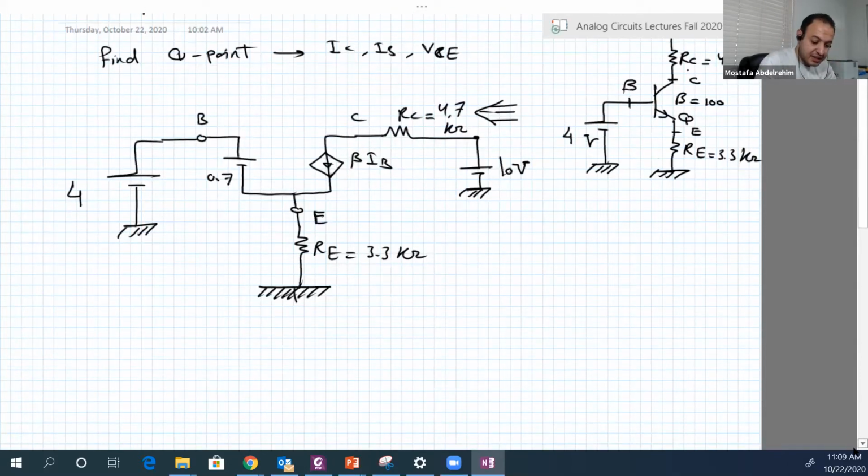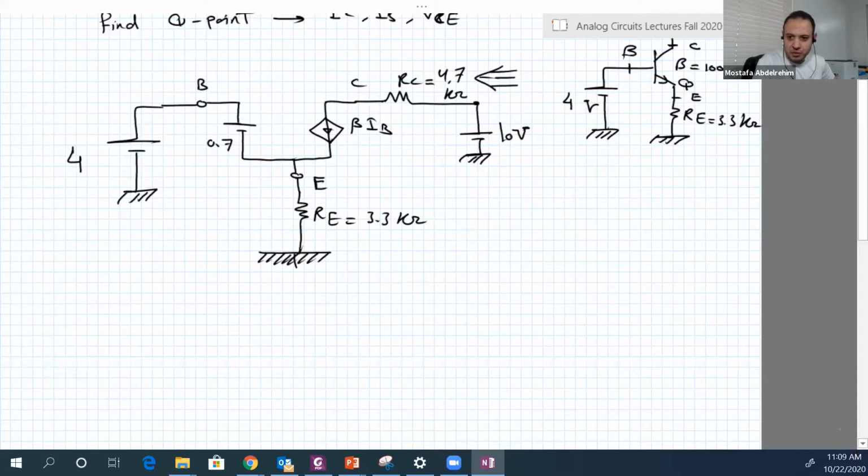Now, the solution procedure. It's not mentioned in the question if it's saturation or active or even cutoff. We will do something again similar to the diodes. We will look into the circuit, try to figure out if it's active or saturation or cutoff, then make some assumption, and prove the assumption is correct or incorrect.